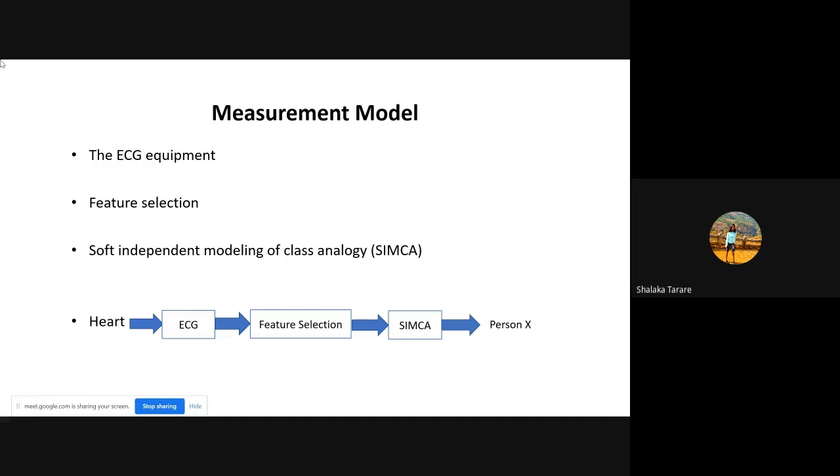Coming to the measurement model, the information in the measured heart signal is processed in three steps. First is the ECG equipment, second is feature selection, and third is soft independent modeling of class analogy, that is SIMCA.